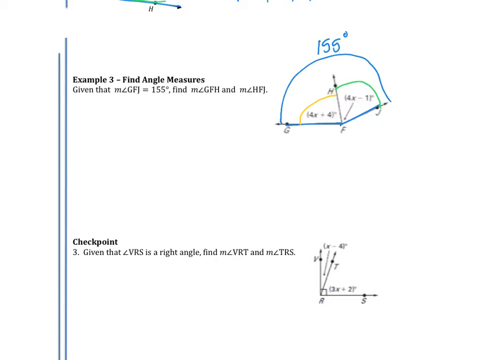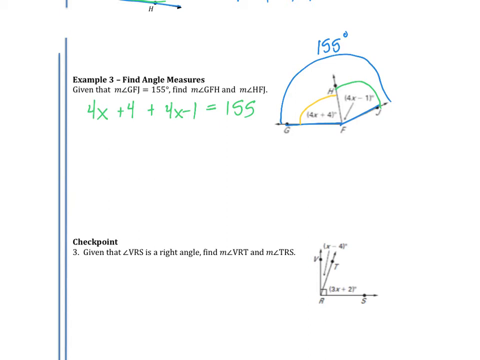We can add those two smaller parts up and it's going to equal the big angle. So we would set up like this. We would say 4x plus 4, right? So that yellow part plus the other part, 4x minus 1, is equal to the whole thing, equal to 155.